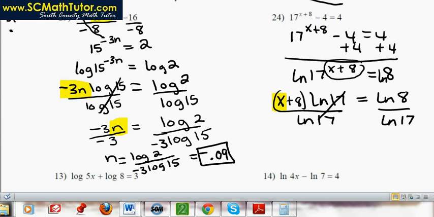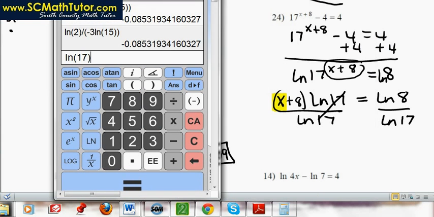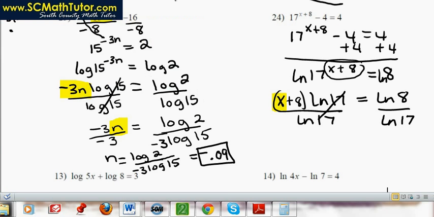If you don't want to work with ln 17 and you're not convinced it's a number, you can just find what ln 17 is and plug it into your equation, and that gets rid of your ln's. But sometimes you might need the exact value, so this is a way to get the exact value without a decimal.